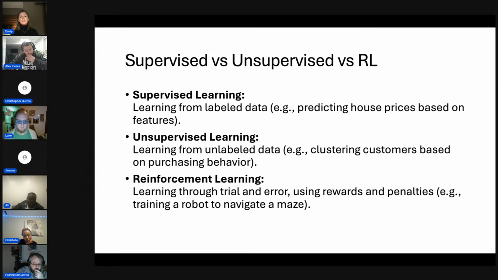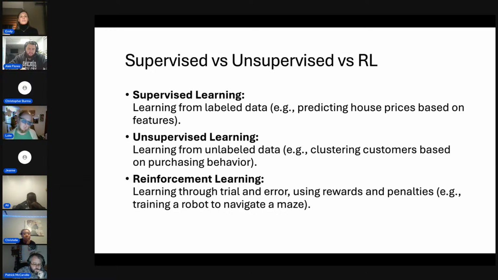Unsupervised learning is when we don't have labeled data. So perhaps your stakeholder comes to you and says, I would like you to cluster customers together. I want you to create groups of customers based on purchasing behavior, and then tell me something interesting about them. Tell me that people who are in cluster 1 behave and interact a certain way. Maybe they're the young and up-and-coming kids, and maybe people in cluster 2 are established middle-aged individuals raising children.